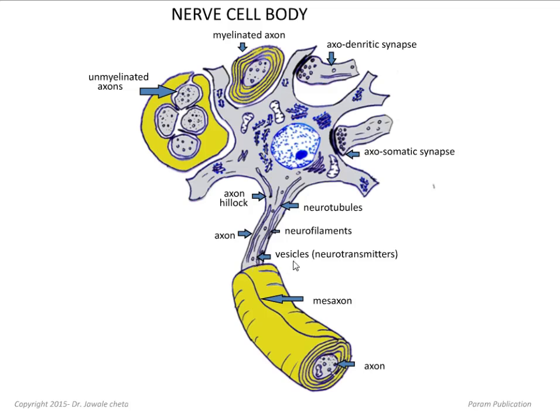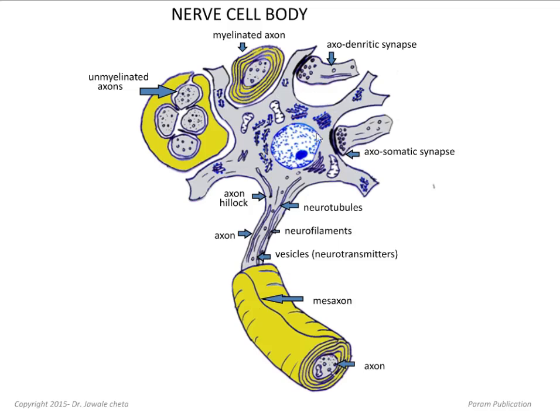All these axons have vesicles of neurotransmitters and a fiber-like structure, that is neurofilaments. They continue with the neurotubules, and this is a portion called axon hillock which joins with the main body of the nerve cell.